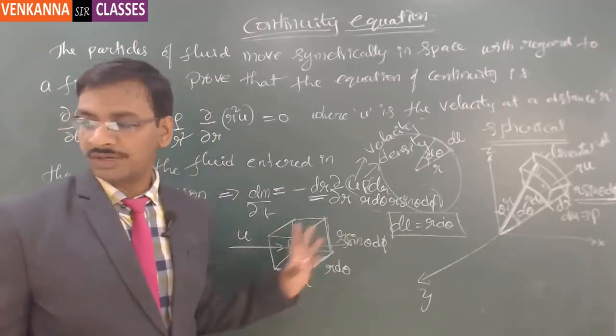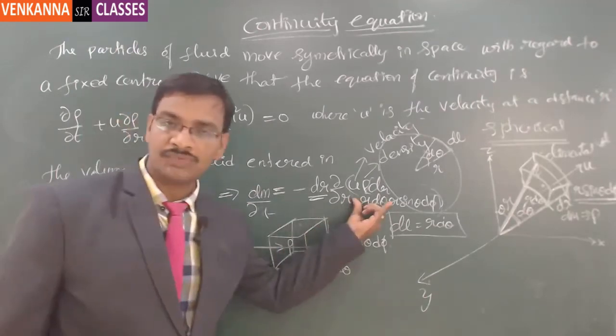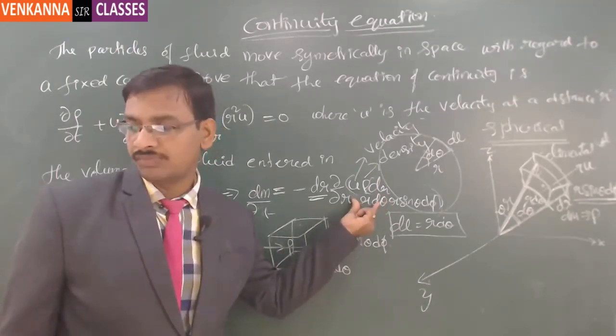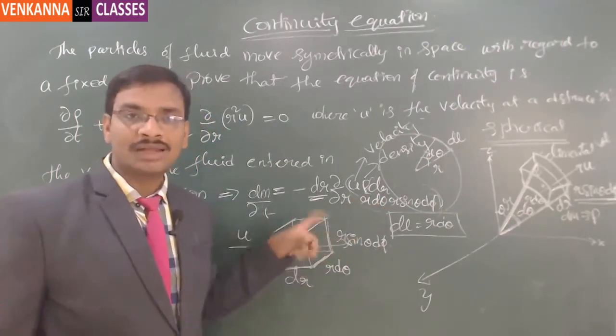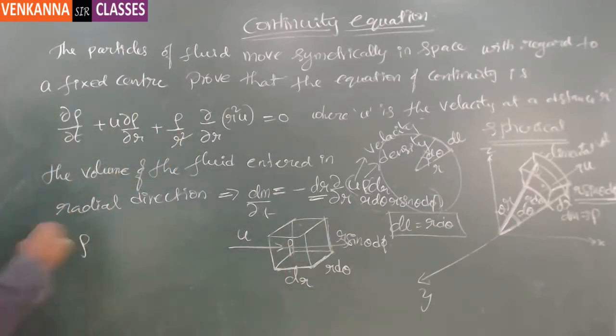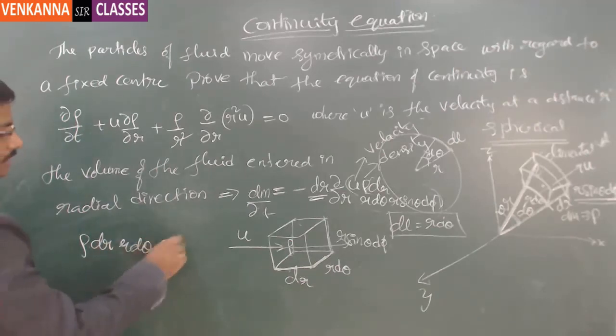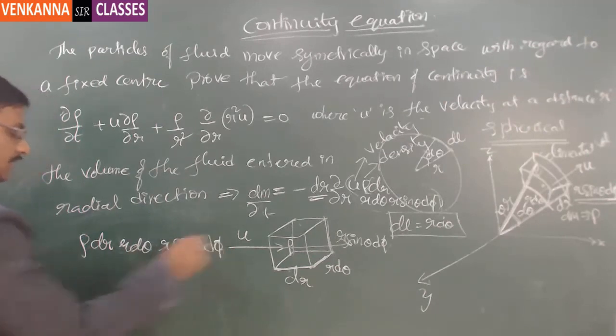Whatever fluid is coming in from all the surfaces is this one, so this is per unit time. Now the same thing should be equal to the rate of change of mass of this one. So the mass will be rho into dr into r d theta into r sin theta d phi. So this is the mass.